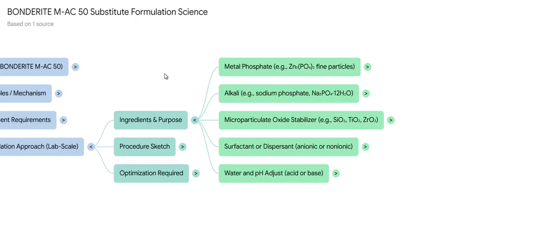Then one of the essential ingredients is microparticulate. When I say microparticulate, the particle size should be in microns. So you should have some oxide stabilizers. The oxides can be zirconium oxide, titanium oxide, or silicon oxide.